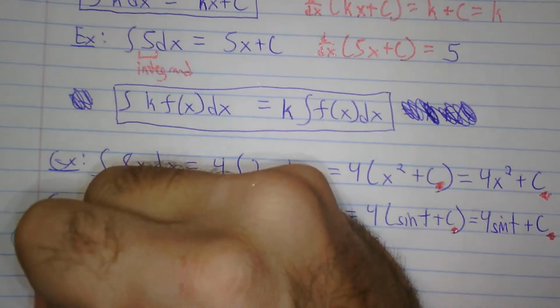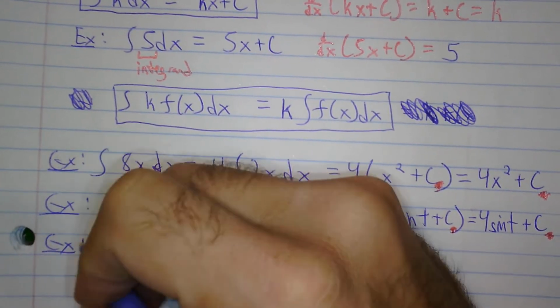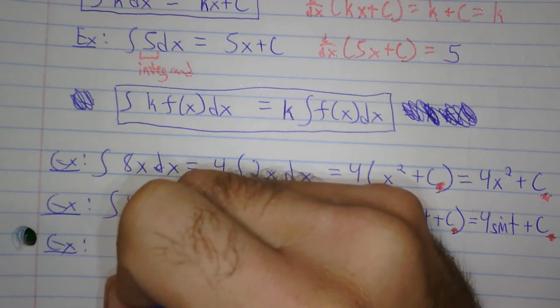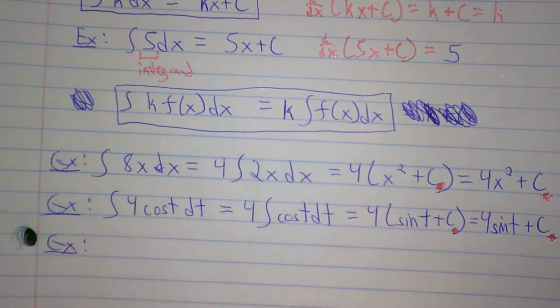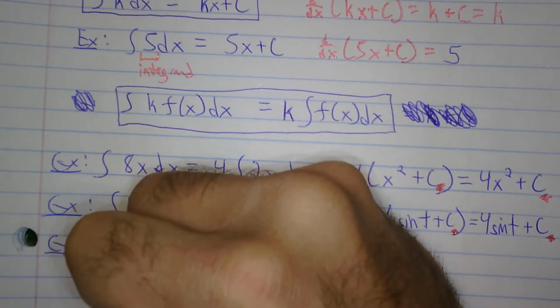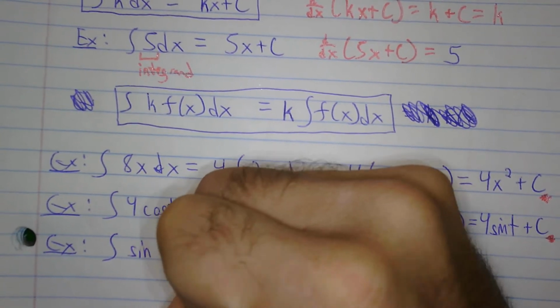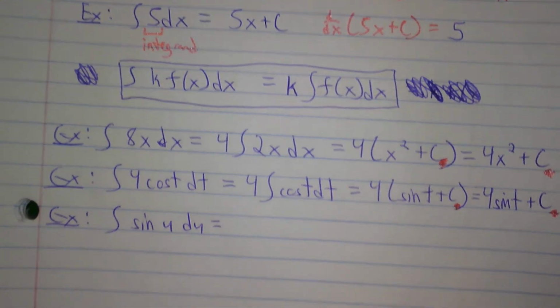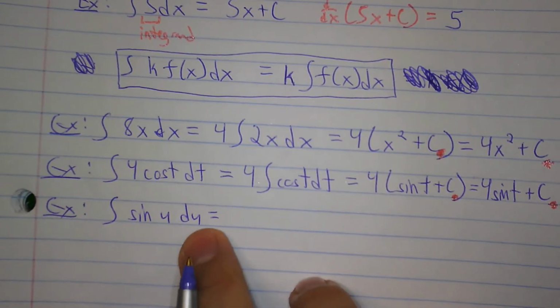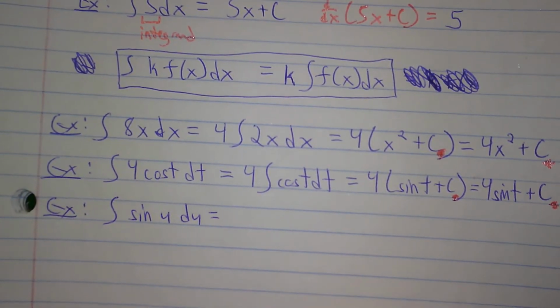Okay? What if I said this example? What is the integral of sine of u du? Integrand is sine of u. I'm going to anti-differentiate with respect to u. My independent variable is going to be u.